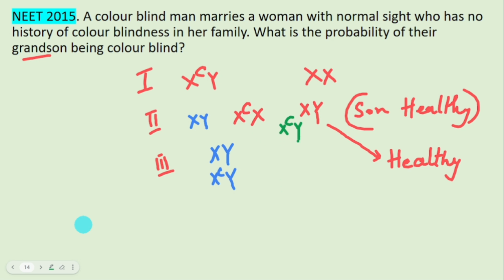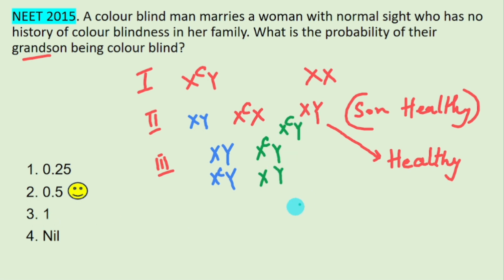In case of son, you will have to consider only the Y chromosome from father, and mother. Again, in this scenario also, there is a 50% chance of the grandson being colorblind. So the answer will be option number 2.